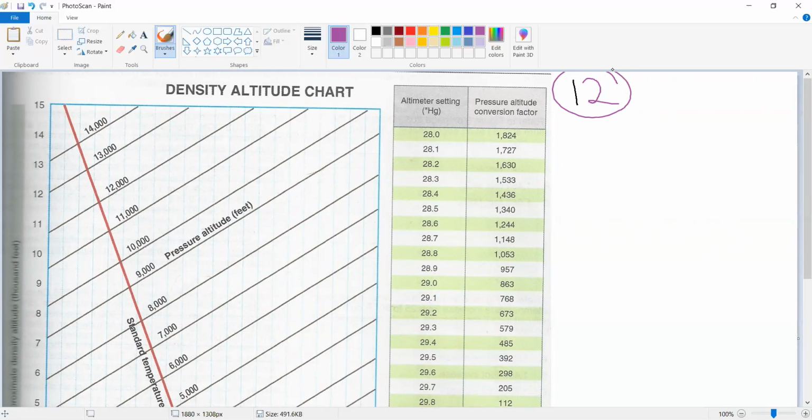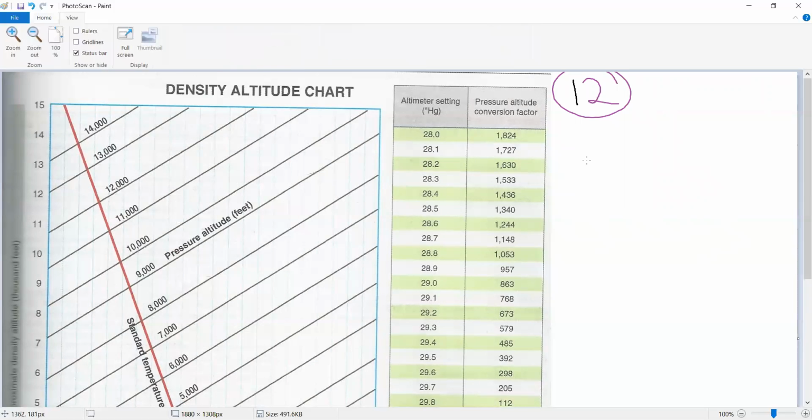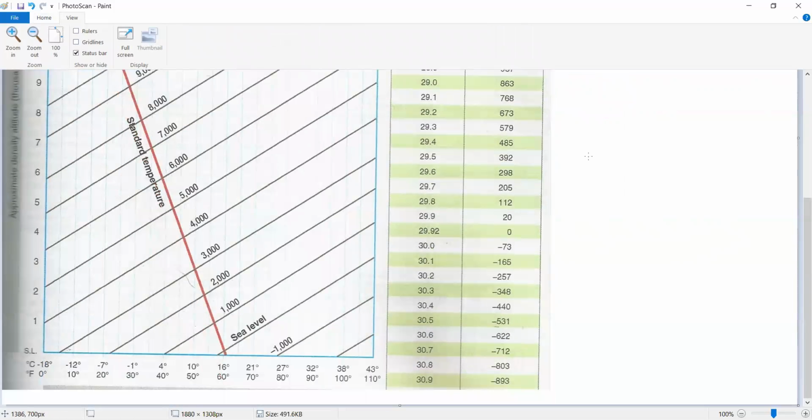So this is a two-step process. Well, we have our 3,000 line, which is this. All right, I'll write number 12 here.